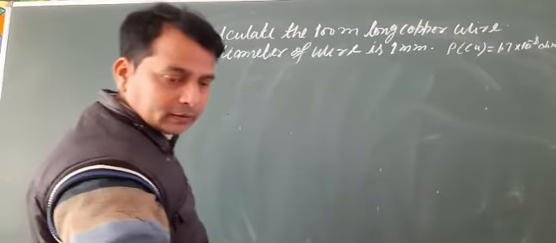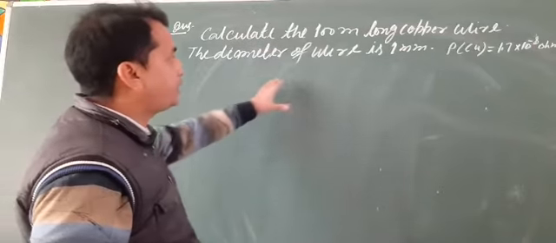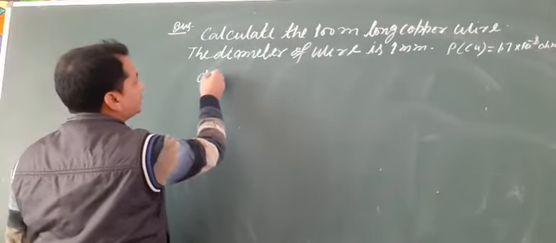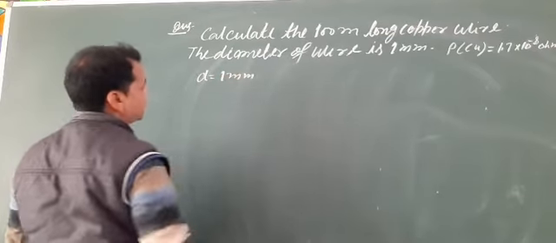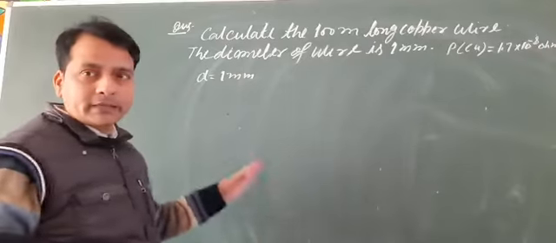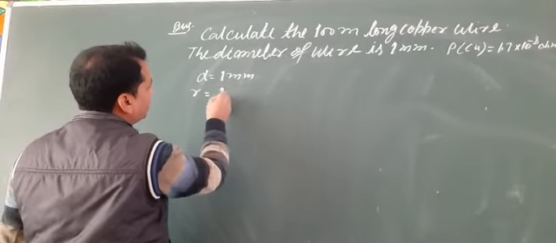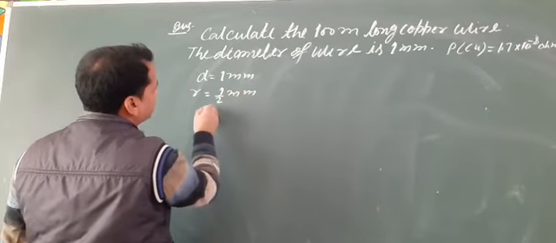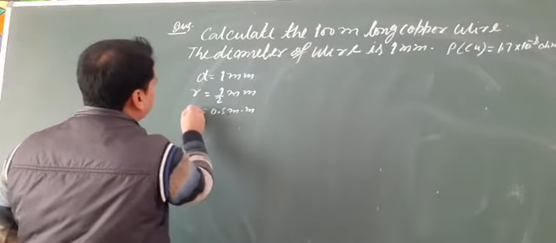A 100 meter long copper wire, and the diameter of the wire is 1 millimeter. So the diameter of the wire is given here as 1 millimeter. Now the radius of the wire is R equal to 1 by 2 millimeter, that is 0.5 millimeter.